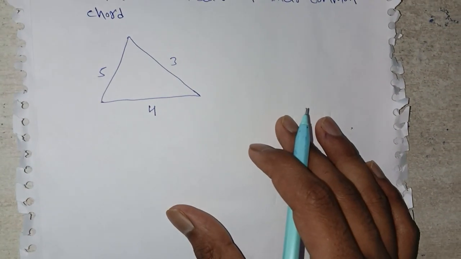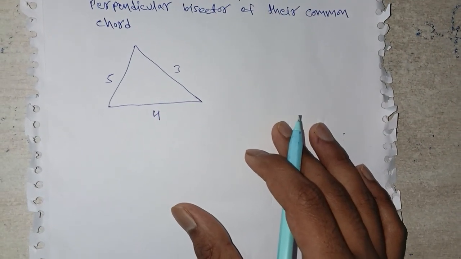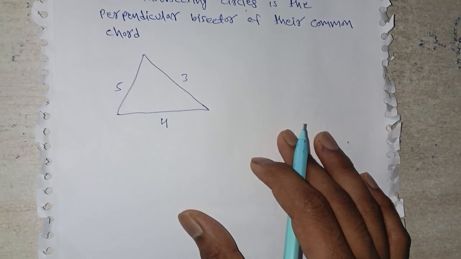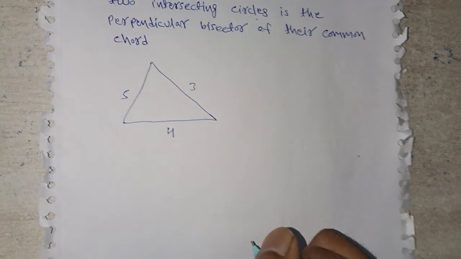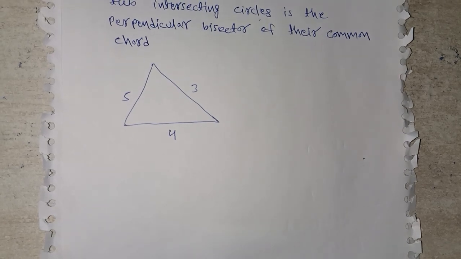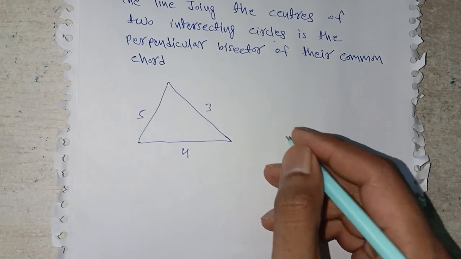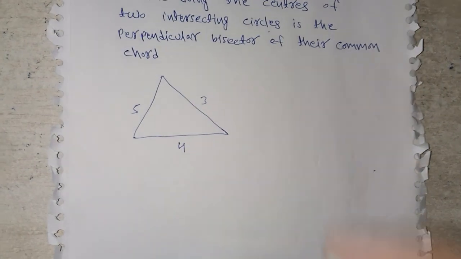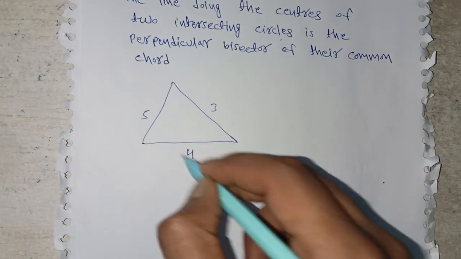In class 9 there is a chapter named Heron's formula. Heron's formula is used for finding the area of a triangle. The requirement for using Heron's formula is knowing all the side lengths of the triangle. Here we know all the side lengths: 5, 4, 3.